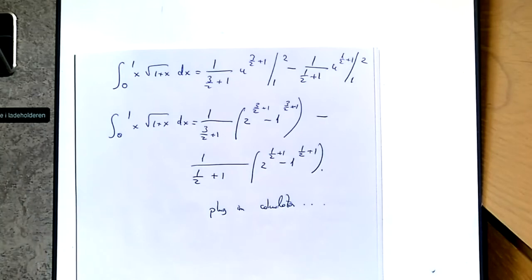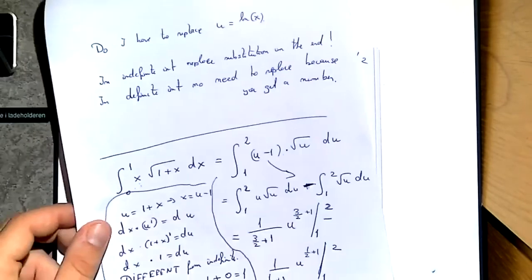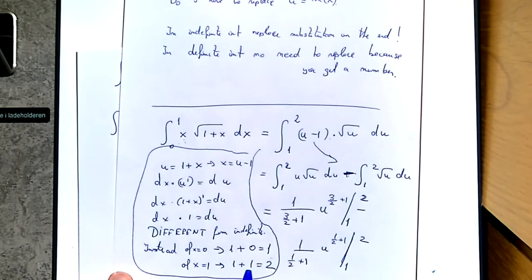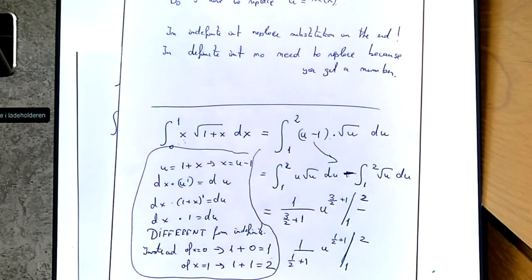So, as I said, the only thing I wanted to show you here is that the only difference when you're applying substitution in a definite integral compared to an indefinite one is that you have to change your limits, your margins of integration, basically the numbers next to the integral, they change as well, obviously.